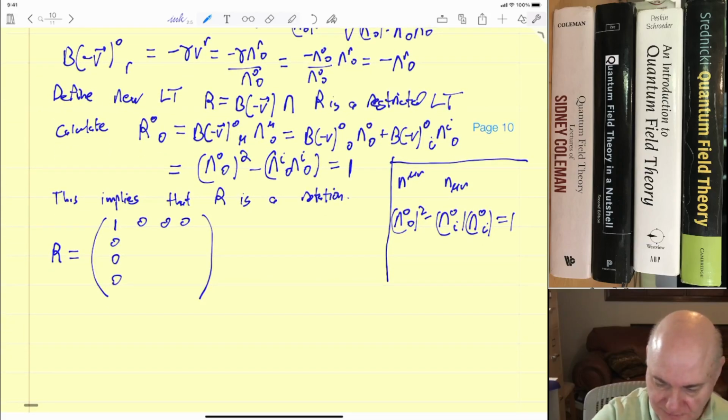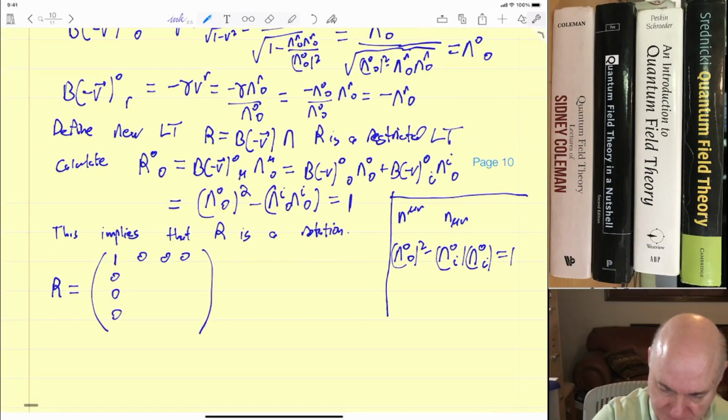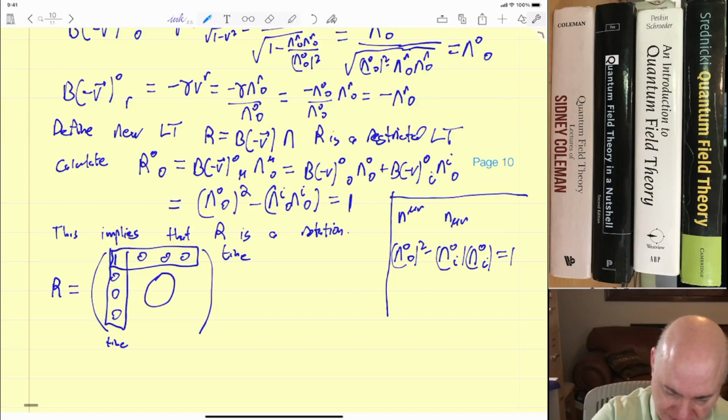So what we have here, remember, is that the first row over here is time, the first column over here is time, and everything else is spatial. And what we have is a big O, a big orthogonal transformation.